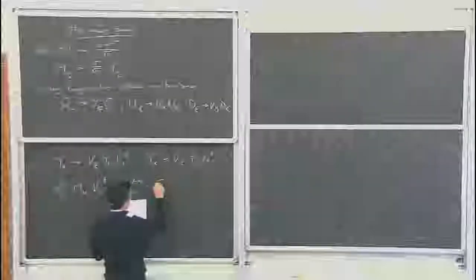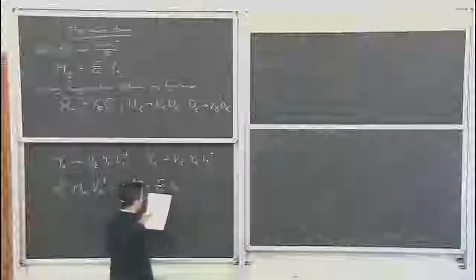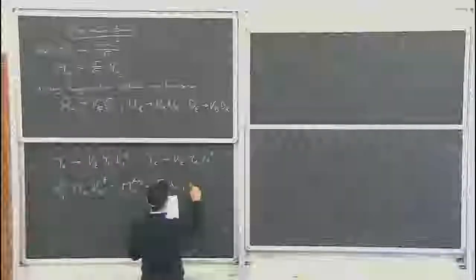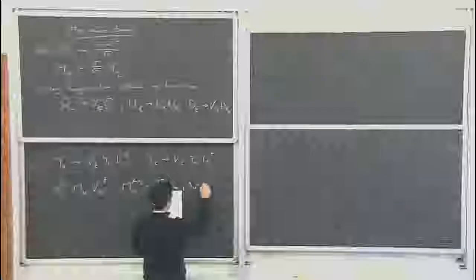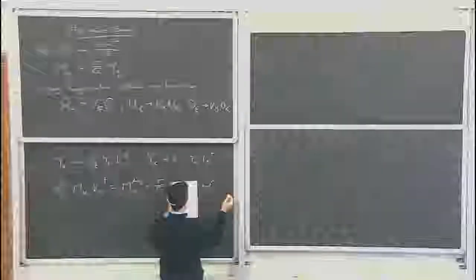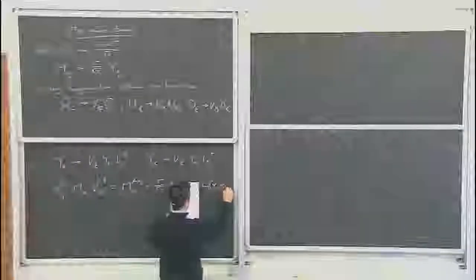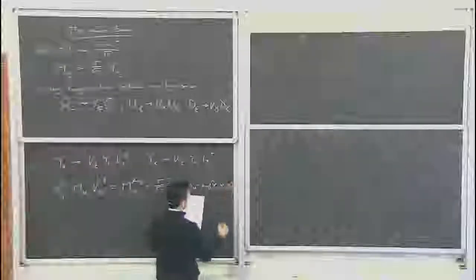And we can write it then as v over square root of 2 times lambda_u, where I defined lambda_u as the diagonal matrix with the diagonal entries y_u, y_c, y_t.